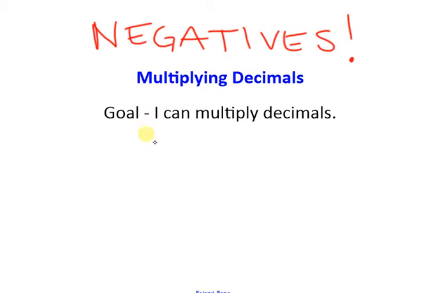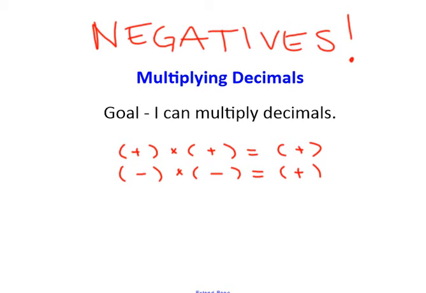So real quick review, we are multiplying decimals with negatives, so I want to review your negative rules with you. When you have a positive times a positive, your result is going to be a positive. When you have a negative times a negative, your result is still going to be a positive. Now, on the flip side, when you have a negative times a positive, your result is going to be a negative.